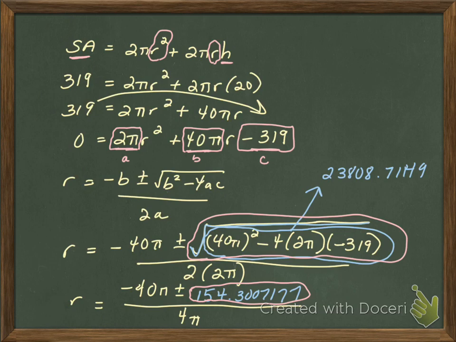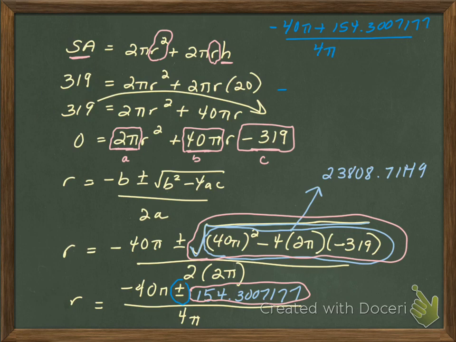So what we have here are actually two problems, or I should say two answers, because of that plus or minus. So here, this plus or minus, we'll split that up. So we'll have negative 40 pi plus 154.3007177, divided by 4 pi.